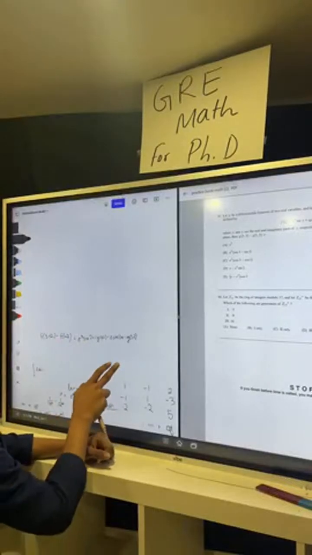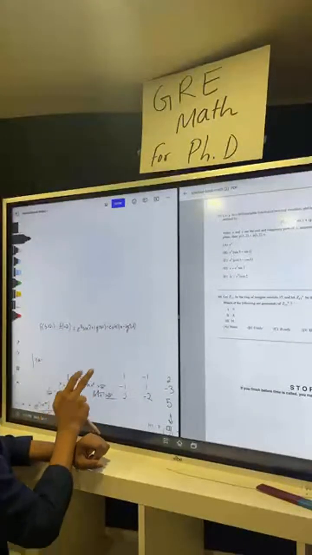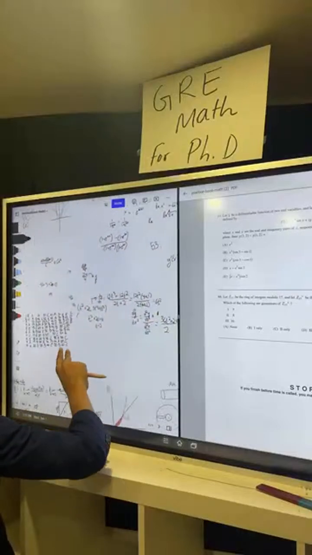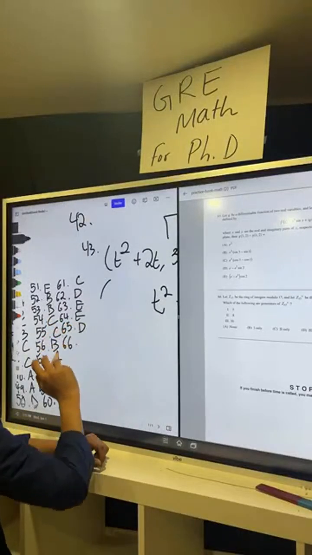Just going to throw a guess out there and say it's going to be D, because that looks similar to what I'm seeing right now.